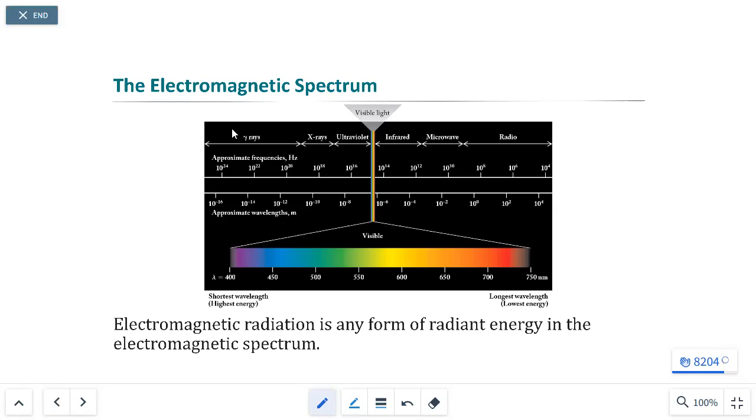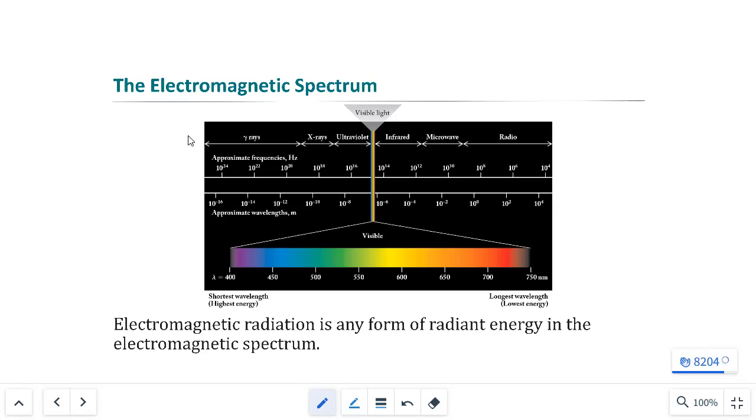They cover things like gamma rays, very, very high energy forms of light that have extremely high frequencies, extremely low wavelengths, and extremely large energies. These are the kinds of things that we see in outer space, that we see with highly radioactive substances.